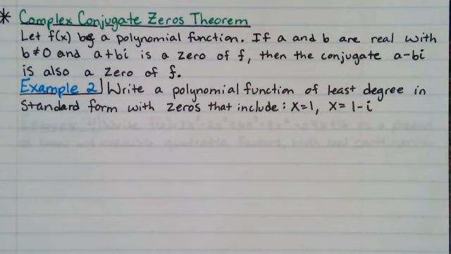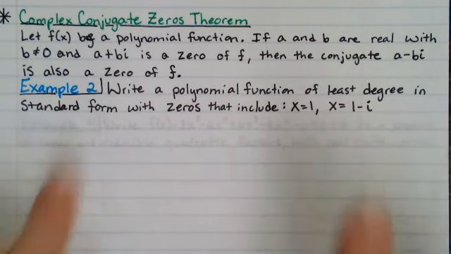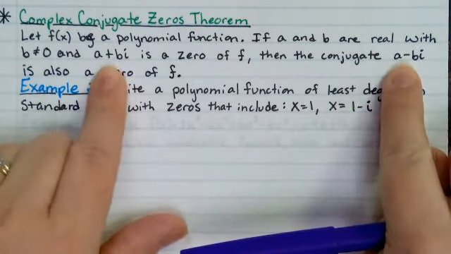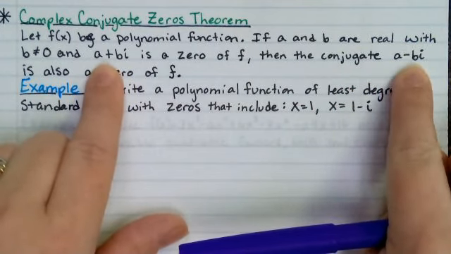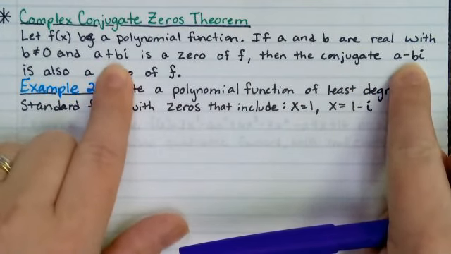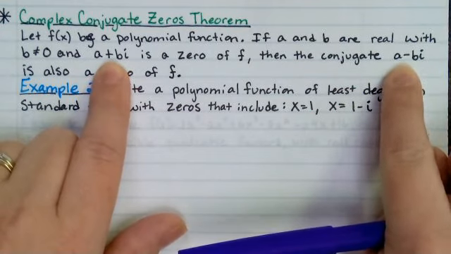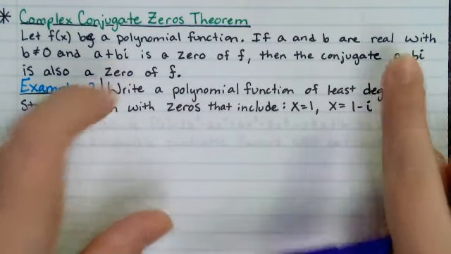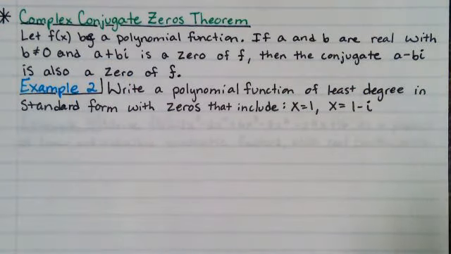You'll also have the conjugate, where the only difference, I want you to see, is the sign between the real and the imaginary. A plus bi, a minus bi. So if you know that there is an imaginary solution, then there's always going to be a second imaginary solution. You can't just have one, okay?